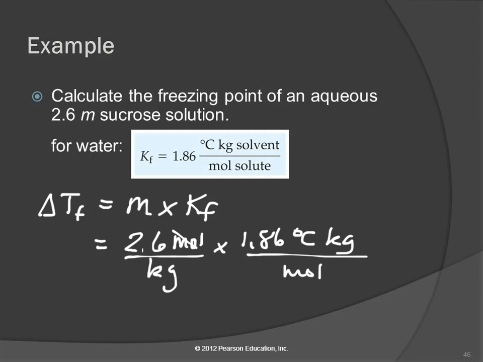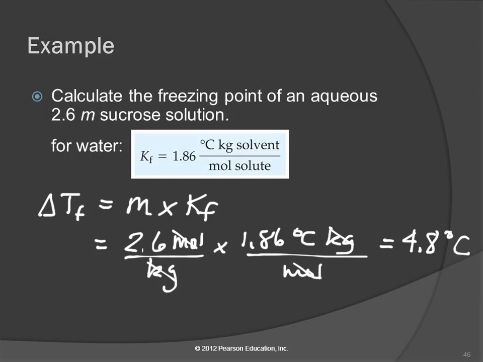And we see that these units cancel out. So 2.6 times 1.86 equals. This should have how many sig figs? 2. 4.8, and the unit will be degrees Celsius.